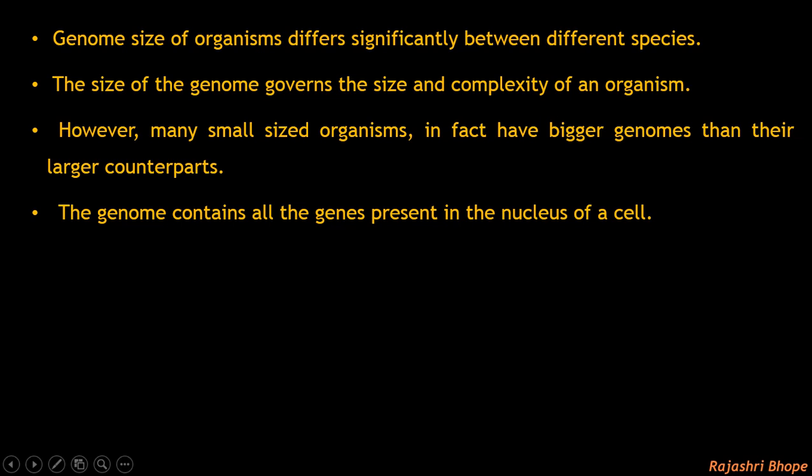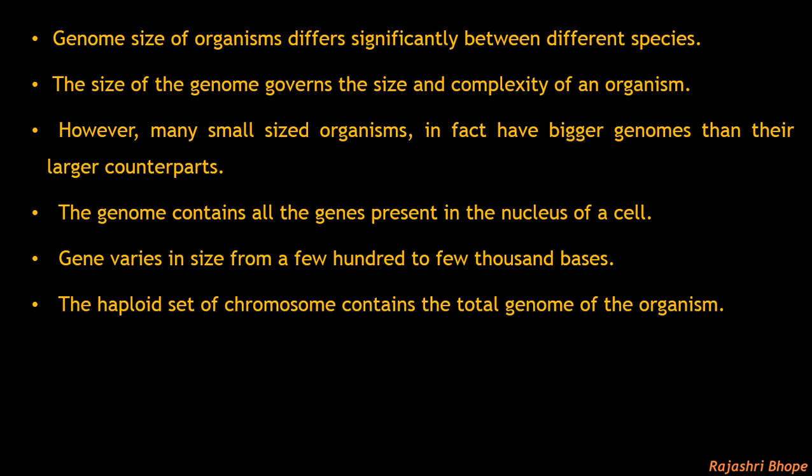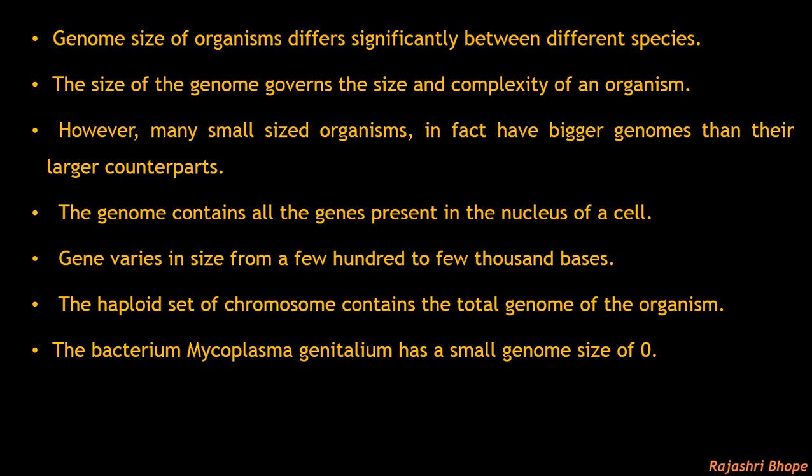The genome contains all the genes present in the nucleus of the cells. Genes vary in size from a few hundred to a few thousand base pairs. A haploid set contains the total genome of an organism.